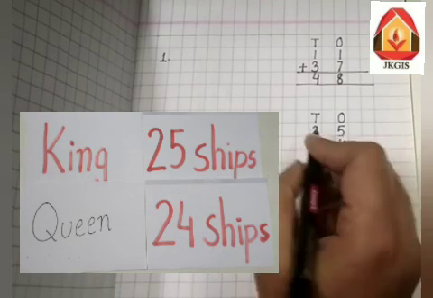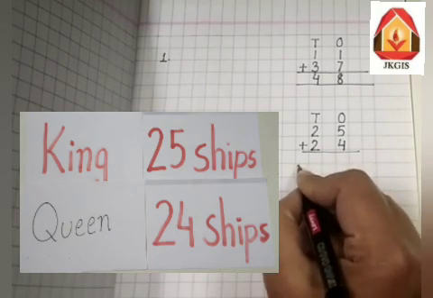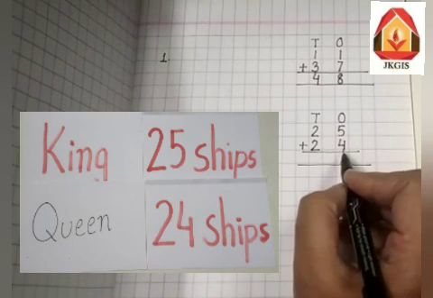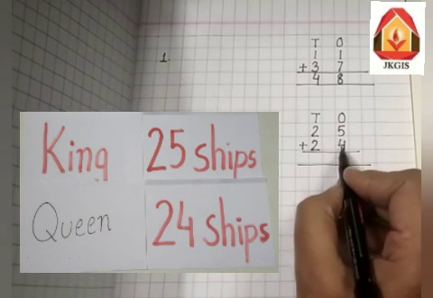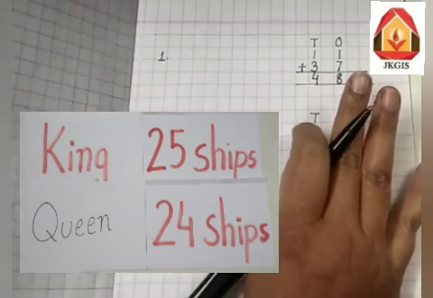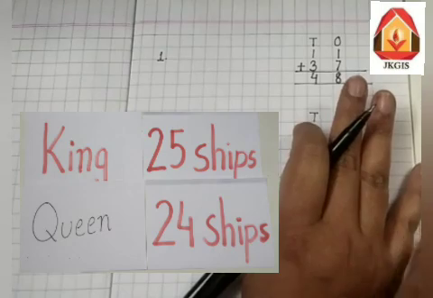So we will write the second number, then put the addition symbol, and then we will add them. So first we will add the ones place digits. 5 plus 4. Keep 5 in your mind and 4 on your fingers. So 5, 6, 7, 8, 9.